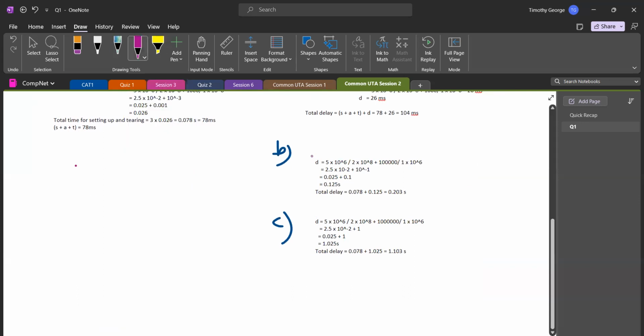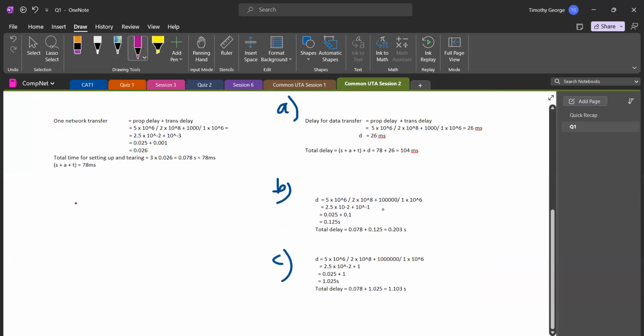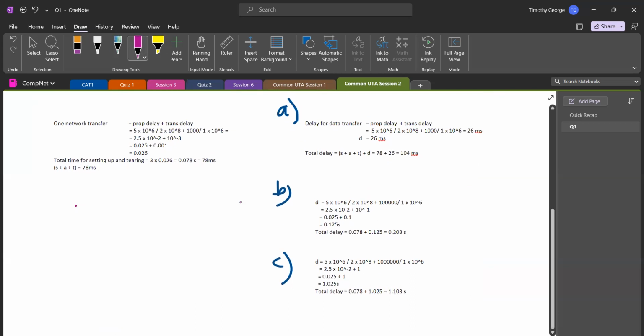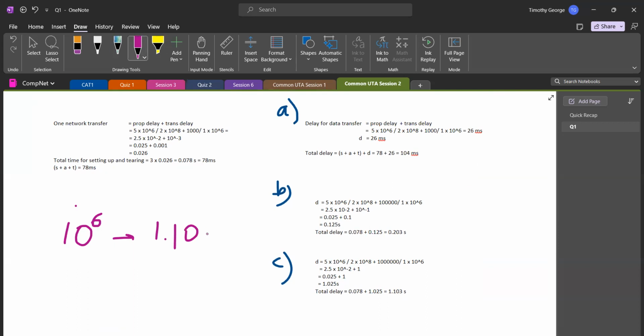Let's start with the last part, the one that we found. We know that for 10 to the power 6, 1 million bits, it takes how long? 1.103. And for every 1000 bits was asked, so 10 to the power 3, how much time will it take?